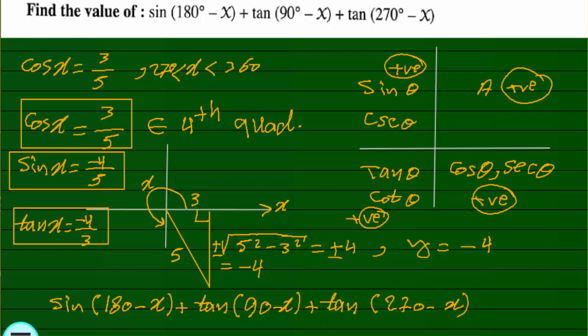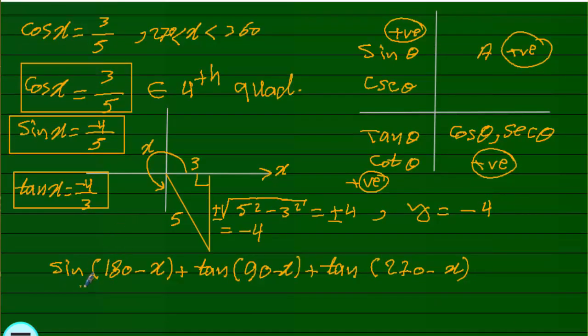Sine 180 minus x equals sine x, as it lies in the second quadrant.